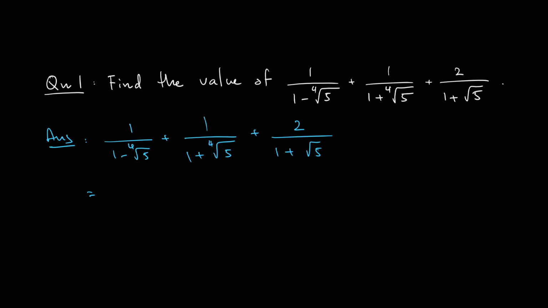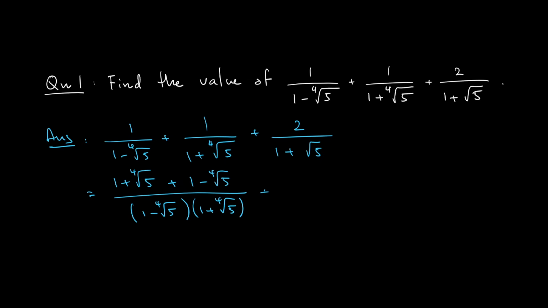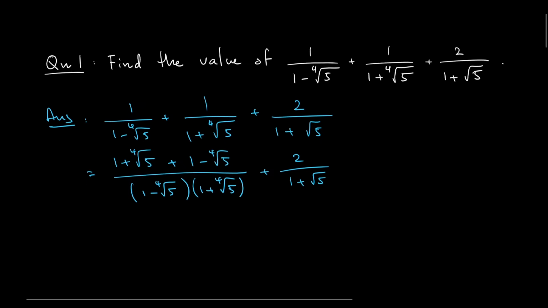So the first two fractions, if you combine them together, the denominator will be just the product of the denominators. And here the first fraction needs to multiply by 1 plus 4th root of 5. The second fraction needs to multiply by 1 minus 4th root of 5. Leave the last fraction untouched for the moment.